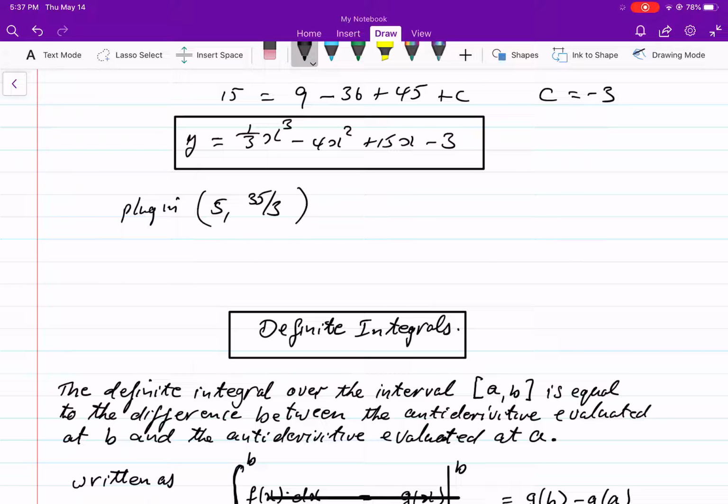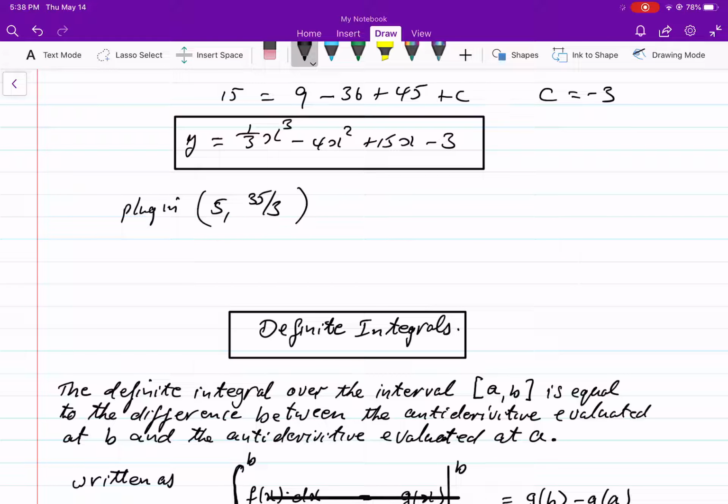Plug in 5 for the x and 35 over 3 for y. Crunch. You should get exactly the same value for c and therefore the same equation for the curve. All right, so that takes care of that application.